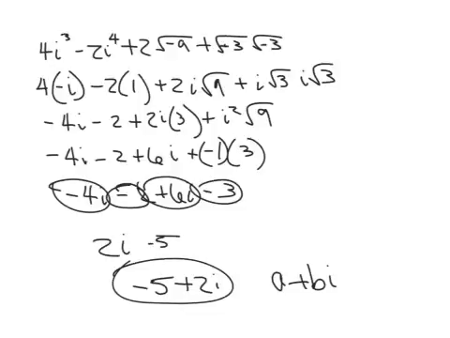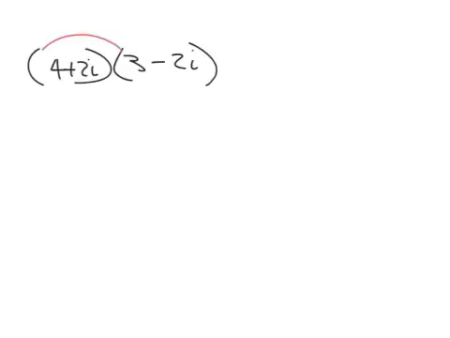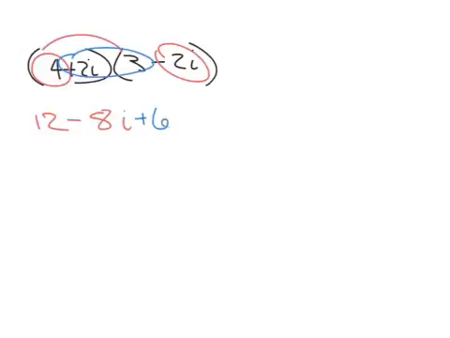Alright, let's look at the next one and multiply 4 plus 2i times 3 minus 2i. We're using the FOIL method. So we're going to do our first one first and get 12. Our outside, negative 8i. Our inside, and our last.